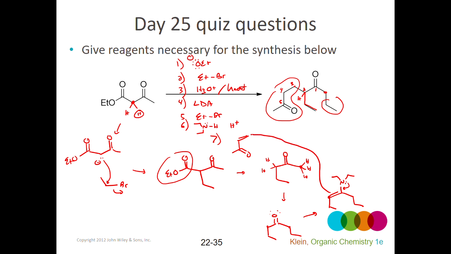These would swing out here and attack there and push these electrons up to the oxygen. So that would form this. So then this carbon here is the one that attacks, so it's connected to the rest of that chain.